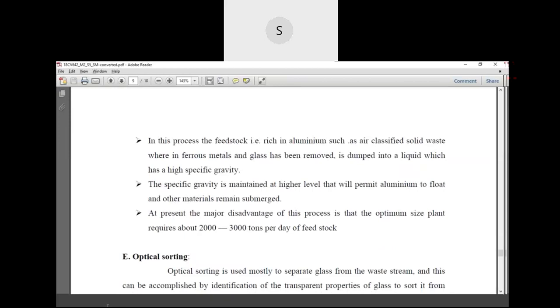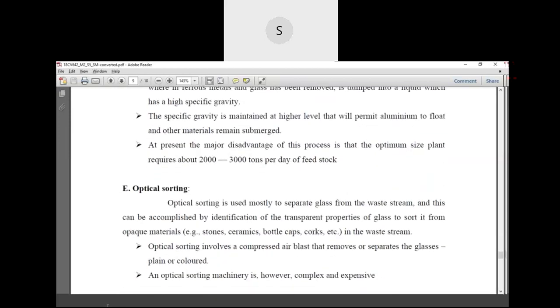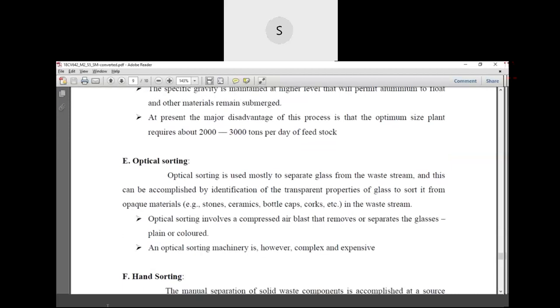Another important method of sorting is optical sorting. Optical sorting is mostly used in the separation of glass from the waste stream, and this type of sorting can be accomplished by identification of the transport properties of the glass that is to be sorted out from opaque materials like stones, ceramics, bottle caps, corks, etc. in the waste stream.